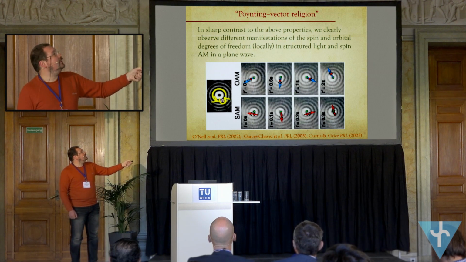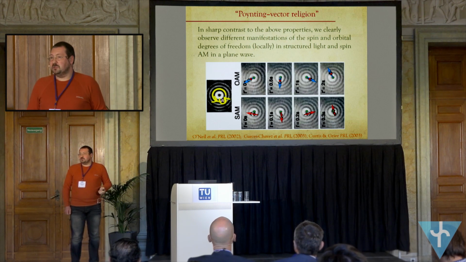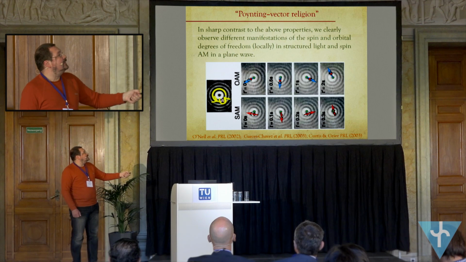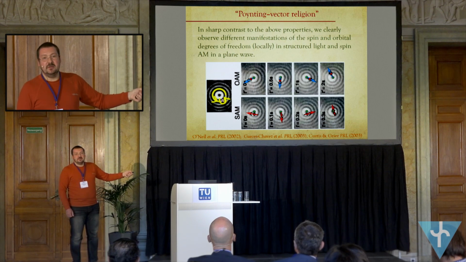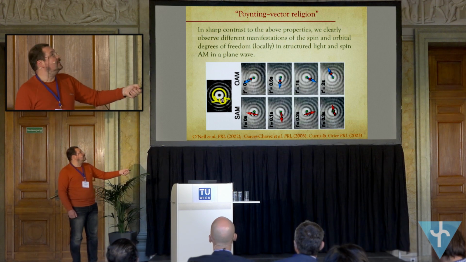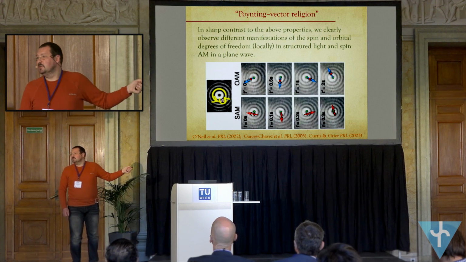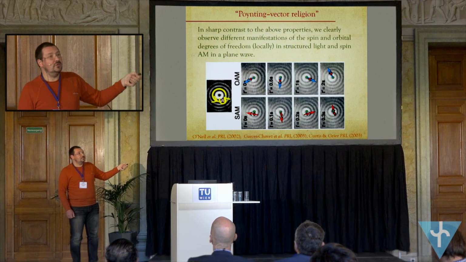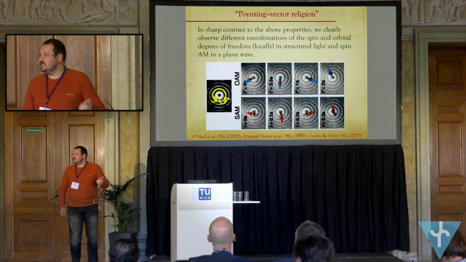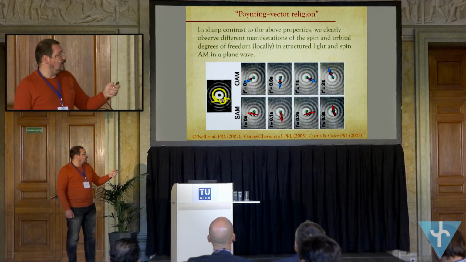The particle shows orbital rotation proportional to the orbital angular momentum in this beam. And at the same time, it shows spinning rotation proportional to the degree of circular polarization, to the spin in this beam. So we clearly see different degrees of freedom, spin and orbital, in optical fields. And these degrees of freedom are separately observable.